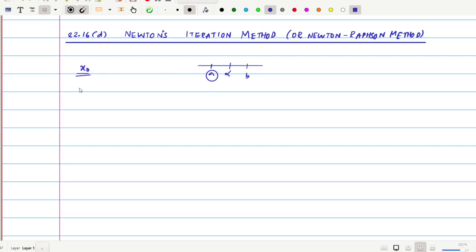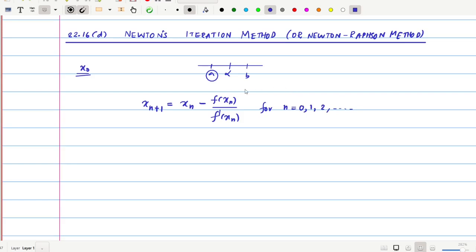Once you obtain this initial approximation, you can evaluate the iteration formula as xn plus 1 is equal to xn minus f of xn divided by f dash of xn. This is the iteration formula, for n equal to 0, 1, 2, 3, etc.